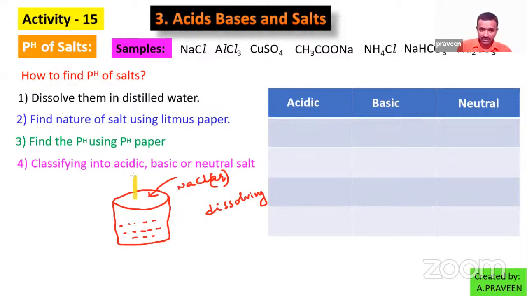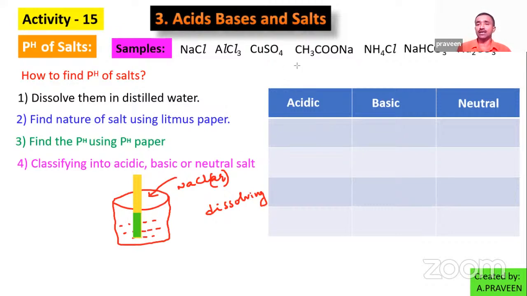So here simply, when you dip the yellow universal indicator paper into the NaCl solution, what happens? It changes its color. In which color does it change? That you have to observe carefully. It changes into green color.